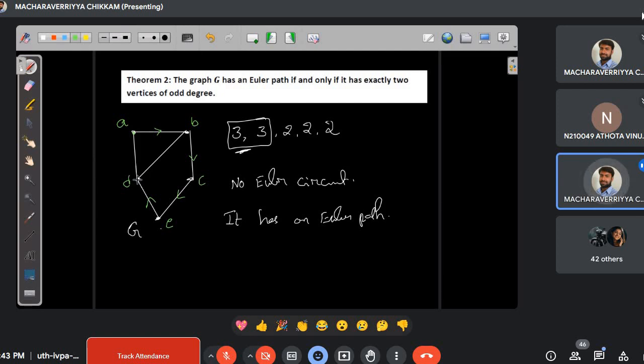After going to D, at most you can go on one edge only. Even though there are two edges, once you travel on this edge, then this edge is left over. Whereas if you travel on this edge, then this edge is not taken care of. So we are not finding a simple path starting at an even degree vertex. But if you start at an odd degree vertex, that is, you start at B.